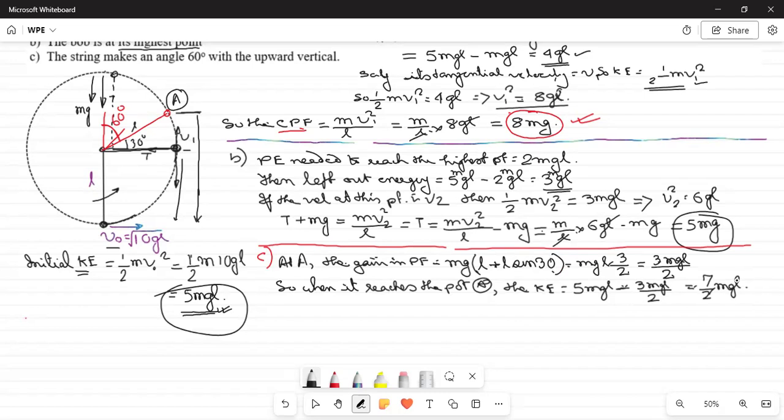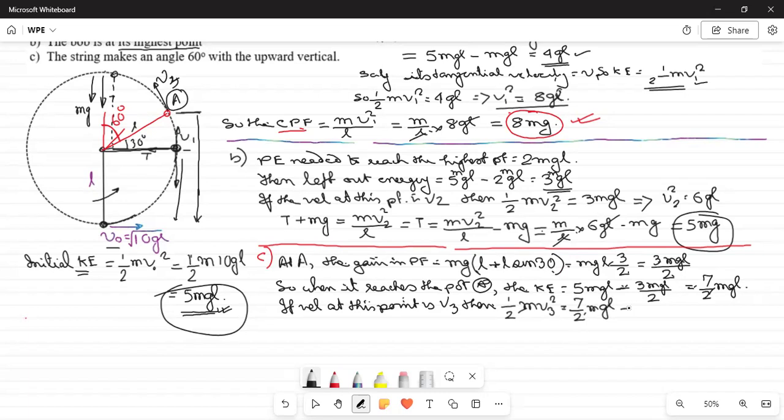If the velocity at this point is v3, since we have already considered v2, say the velocity at this point is v3, then in the same fashion, half m v3 square is equal to 7 by 2 mgL.